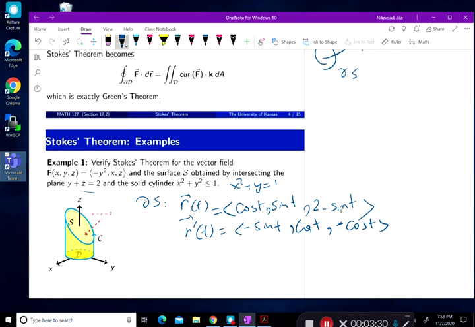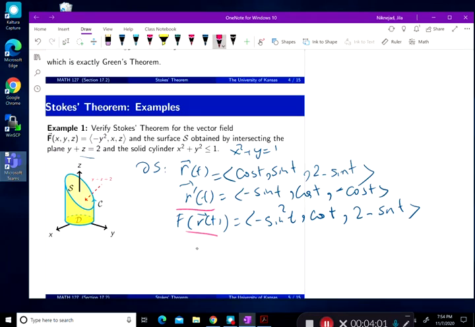Then parameterize F, which is going to be F(r(t)): negative y is sine t, so sin² t, then cos t, and z is 2 minus sin t. Then take these two and dot product them.